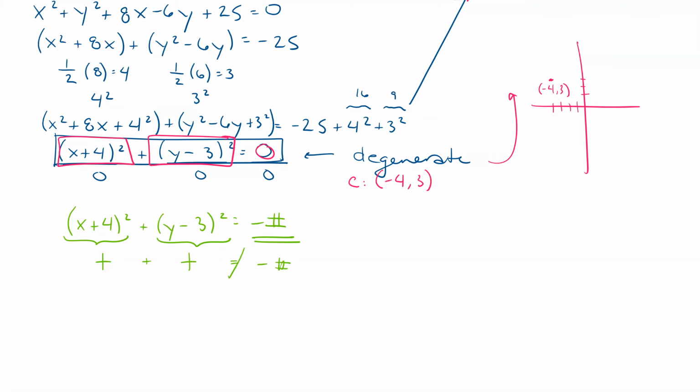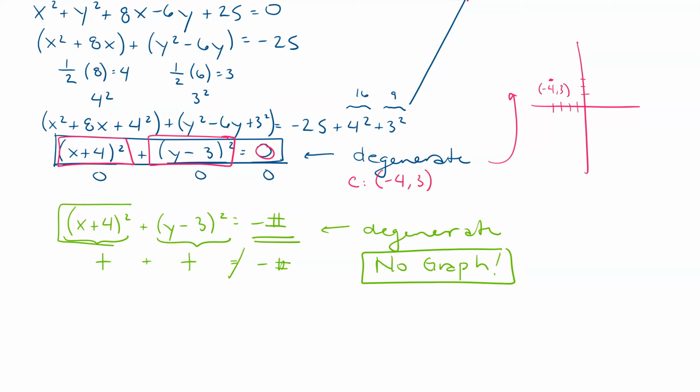This math is not possible. This is also called a degenerate circle, except in this case, there is no graph. When the squared terms equal a negative number, there is no graph, and all you would write is no graph.